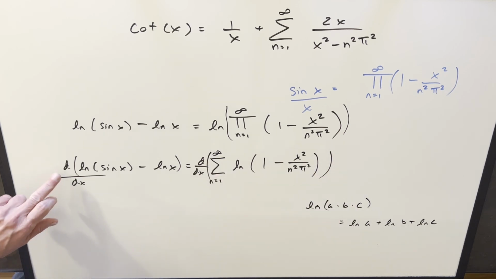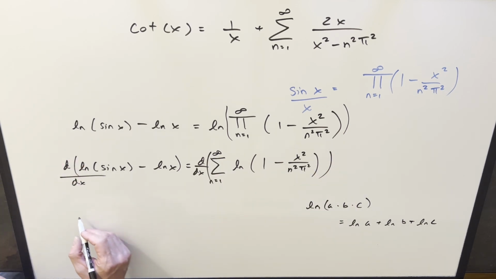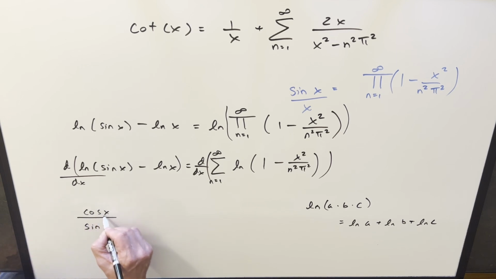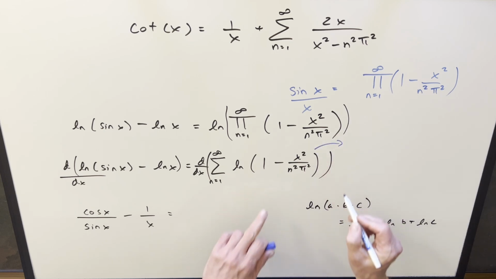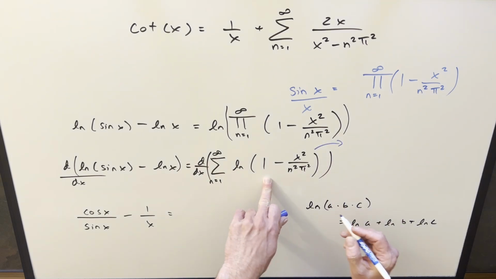So then on the left side, when we differentiate natural log sine x, we're going to have 1 over sine x. Chain rule on it, that's going to be cosine x in the numerator. Over here, derivative of ln x is just going to be minus 1 over x. On the right side, before I differentiate this, first what I want to do is let's get a common denominator here.